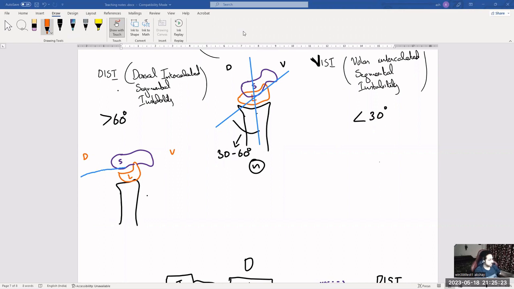Now you can see the scaphoid axis has moved very much onto the side. The scaphoid axis will be over here, and the lunate axis will be going right through it.